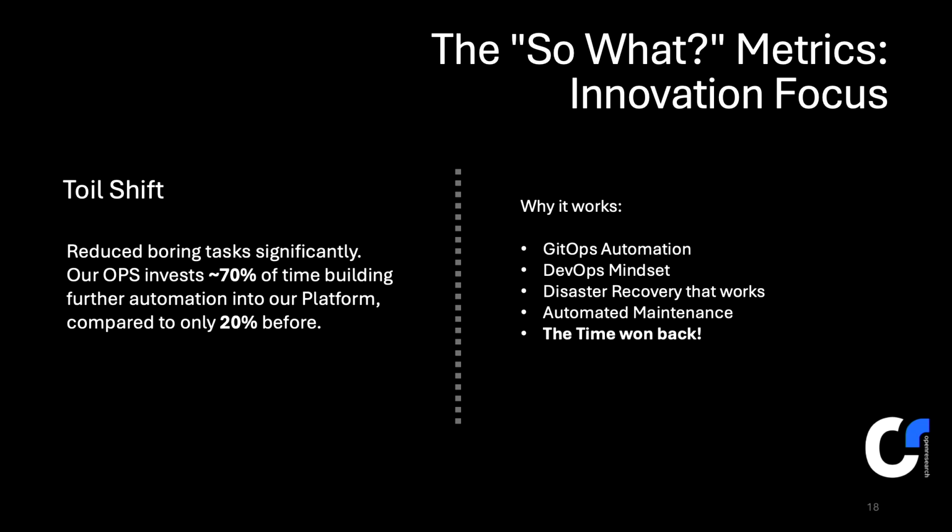Now we reduced our maintenance time: we were doing, I don't know, 20% of building up new stuff and trying out new stuff. Now it's 70%. We have so much time on our hands because we automated the upgrades.